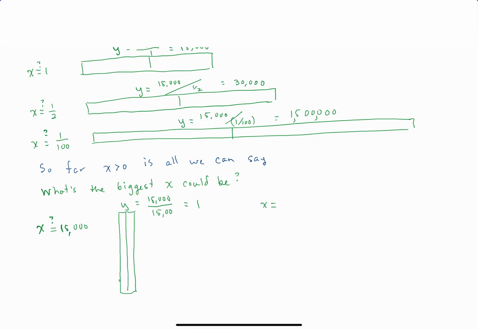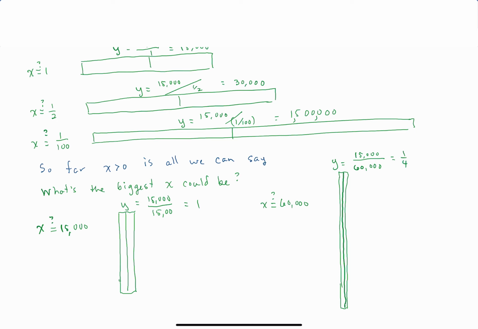Could x be 60,000? Sure, that could happen. Then you'd have a super skinny field, and your y would have to be 15,000 divided by 60,000, which is 1/4.